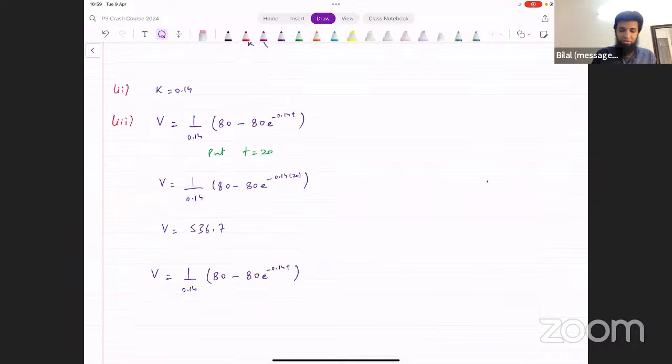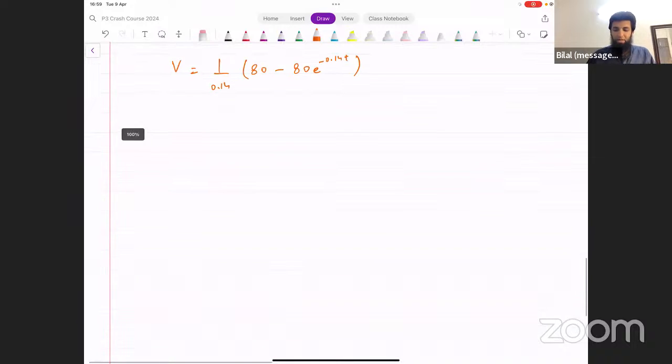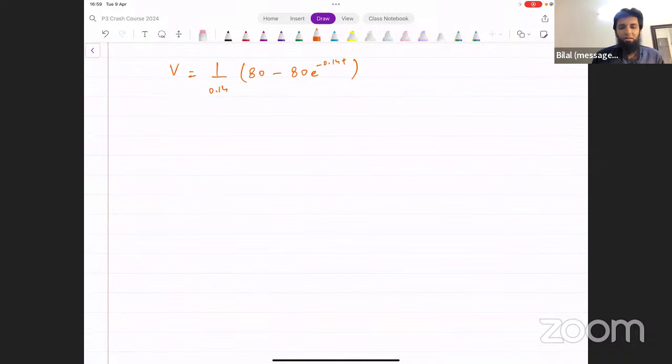Now, this is what the function looks like. As t becomes very large, what happens to this thing? This goes to 0, right? As t goes to infinity, what happens to e raised to the power minus 0.14t? This goes to 0.